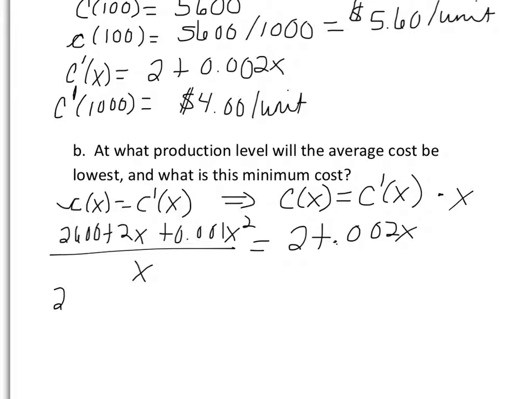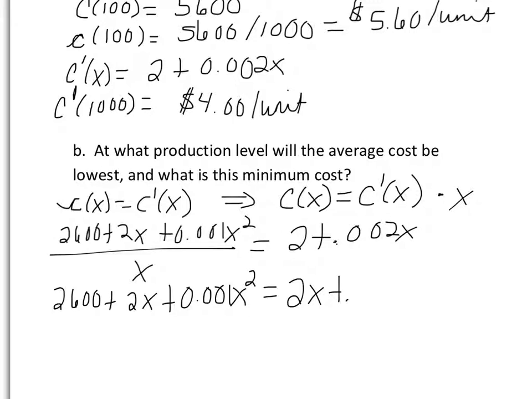If we multiply both sides by x, the left side we just get back to the original cost function. And the right side we get the derivative times x. I'm going to distribute that x while I'm at it. I would like you to notice that there is a 2x on both sides, so I'm going to reduce that. And then I'm going to move all the x squareds to one side.